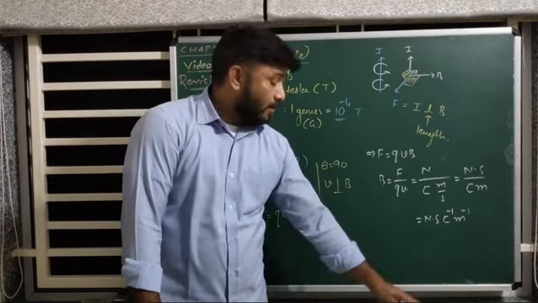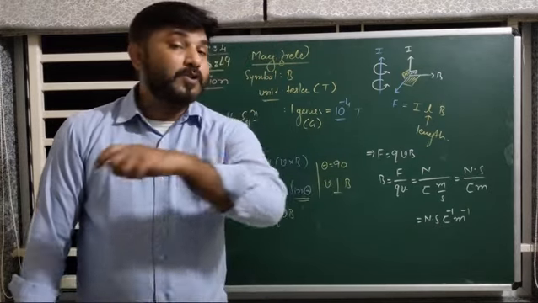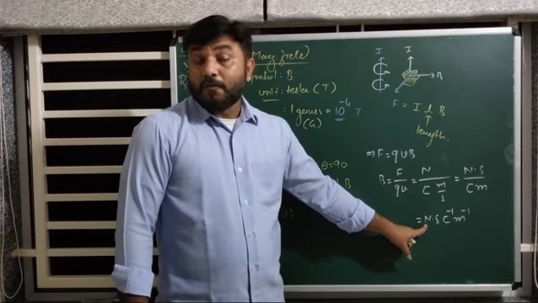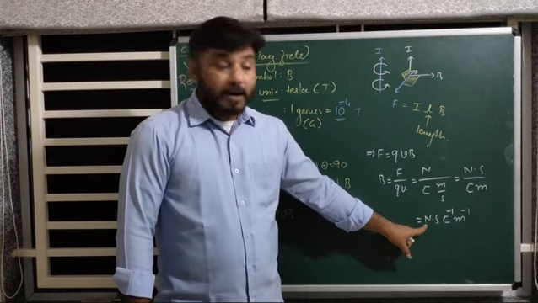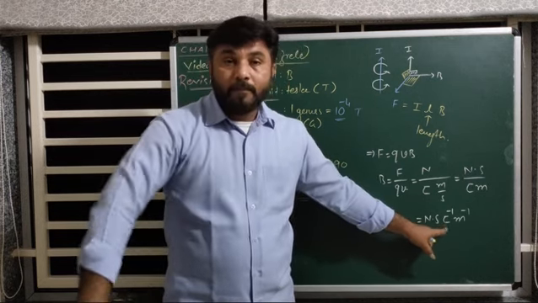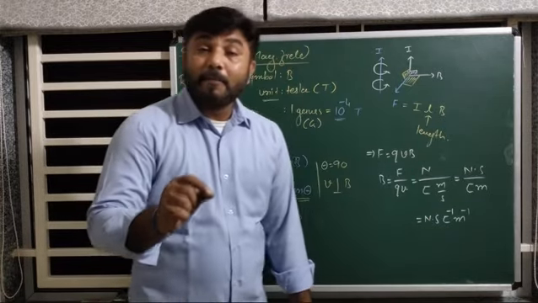Now it is easy from this equation to obtain the dimension formula also. Newton force has dimension M1 L1 T minus 2, second T1, Coulomb A minus 1 T minus 1, meter inverse L minus 1.